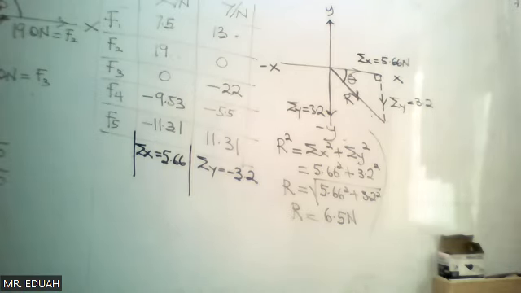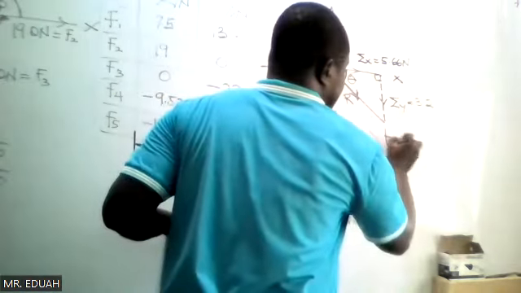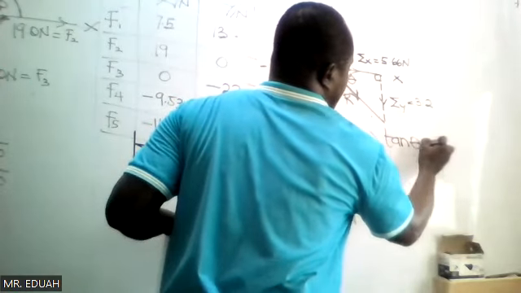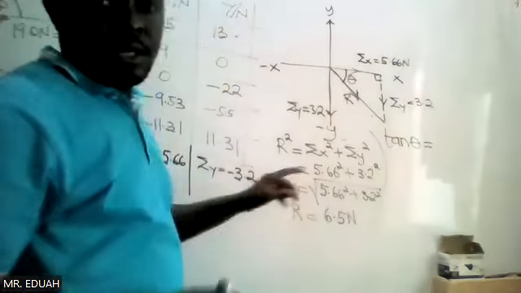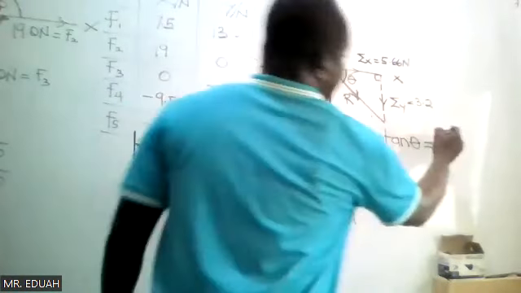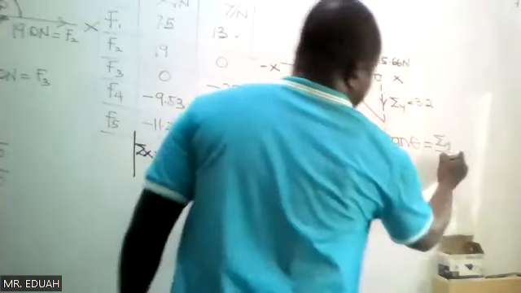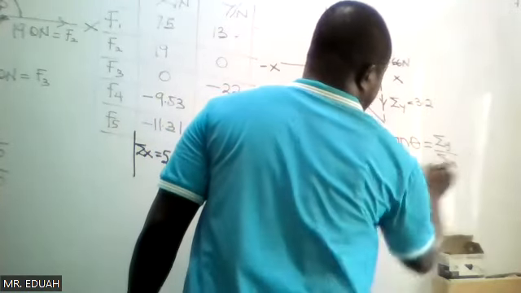If you take tan of the angle, this is equal to the opposite, this side, summation y, on the adjacent, summation x.